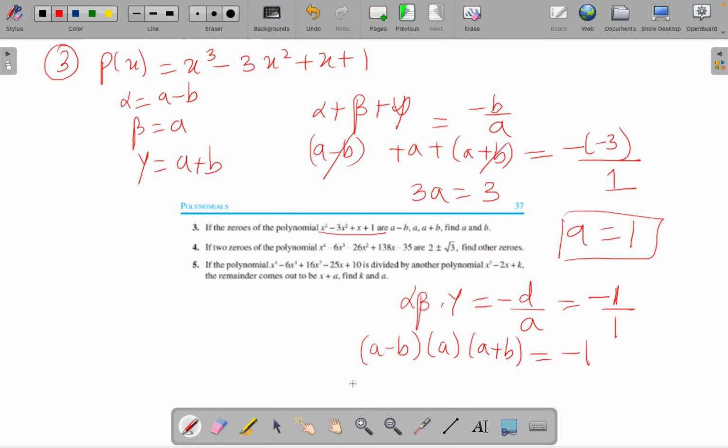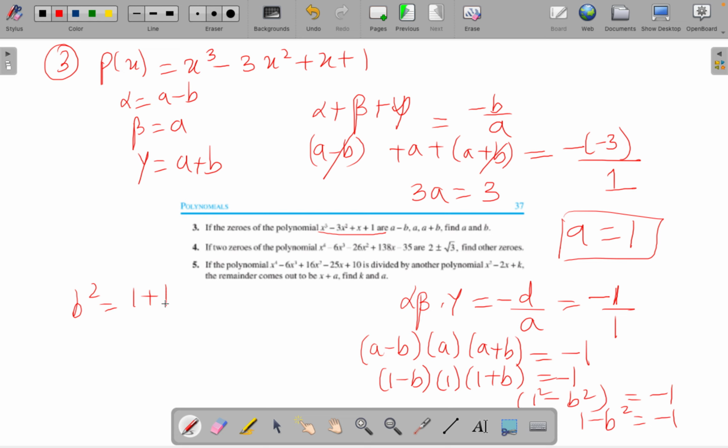Value of a we already know. So this is 1 minus b into 1 into 1 plus b. You remember the formula again, we can use a minus b, a plus b is a square minus b square. So 1 square minus b square is minus 1. So we can say b square is 1 plus 1, right? So b square is equal to 2.